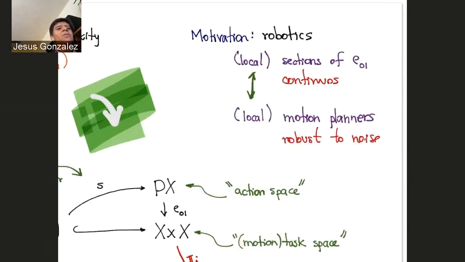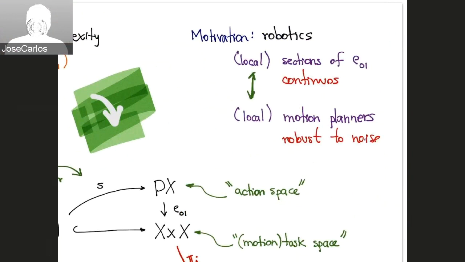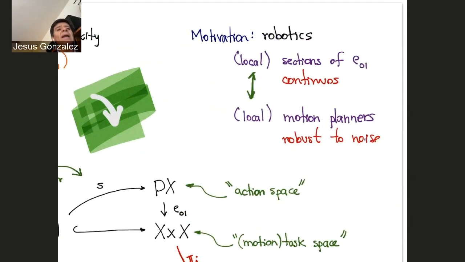Now, of course, sections have to remain in the topological category, so they have to be continuous. That means you have to have local sections, or let me call them local motion planners, which have to be robust to noise, in the sense that small perturbations of the task should result only in small changes of the actual action solving this task.